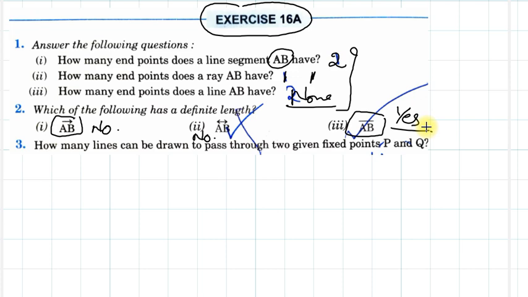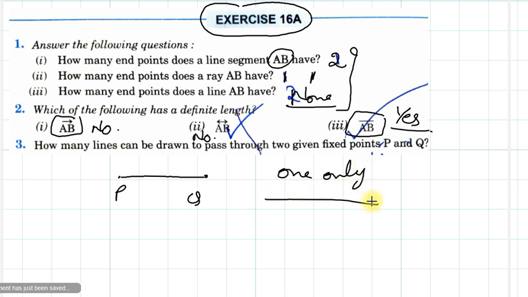Right? Next, number 3. How many lines can be drawn to pass through two given fixed points P and Q? We can draw only one line from here. So our answer would be only 1.